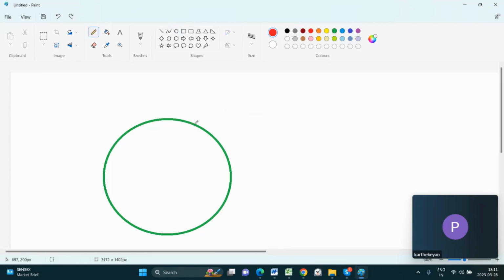One object is running on this path. Let us take one object here. This is running on this path. Bear with me. So it keeps running like this.